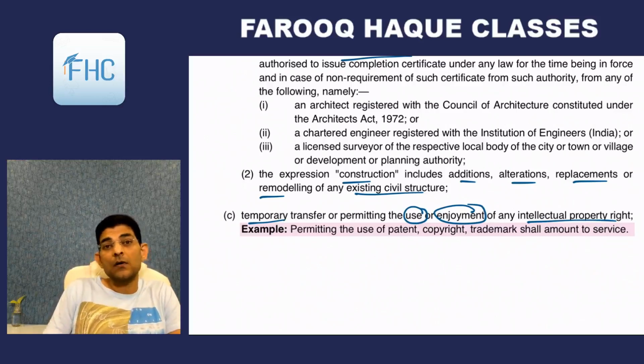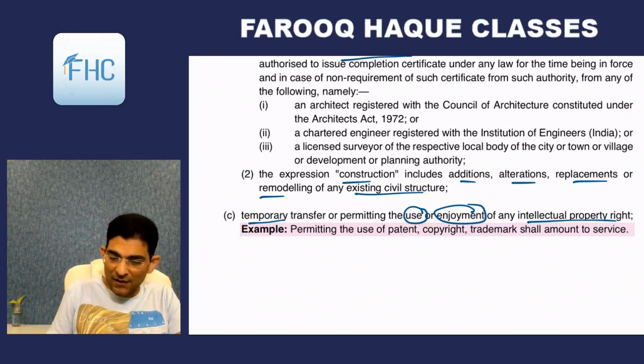So whatever royalty I will receive is liable to GST. Everyone knows, and it will be called service. So giving use or enjoyment of a copyright, trademark, license, etc. will be called service. All simple examples.